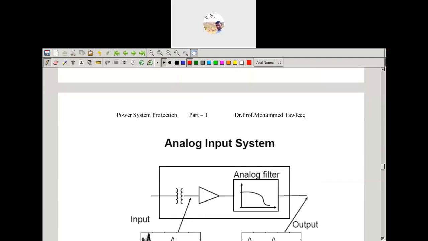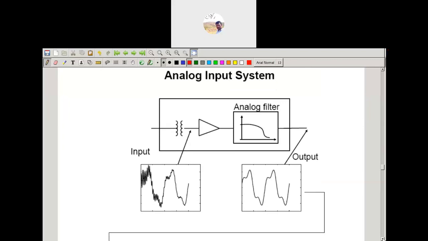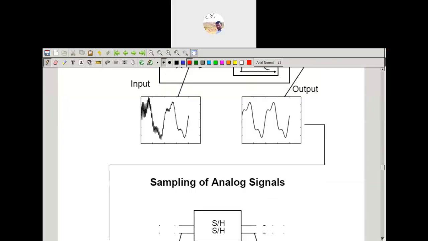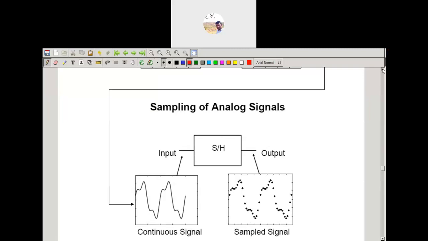We can see the analog input system and how it works: what is the input system and what is the output system. Here we can see the sampled signal from the continuous signal, and the output signal should have some sum. Based on that the comparison will take place: what is collected and how it compares with the input current.